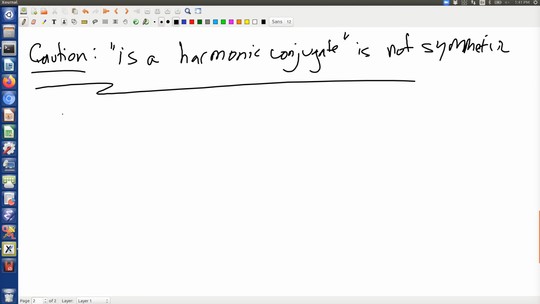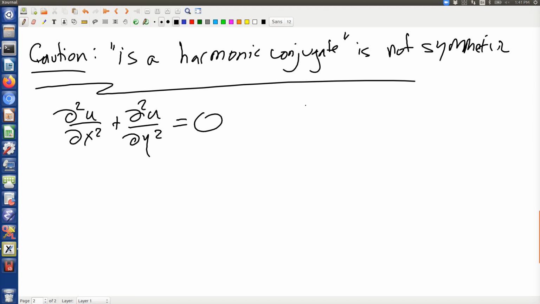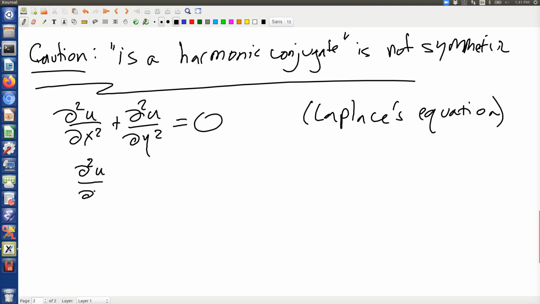So, because u is harmonic, it means the following equation is true. This is Laplace's equation. And put another way, these two are equal, but not exactly equal.